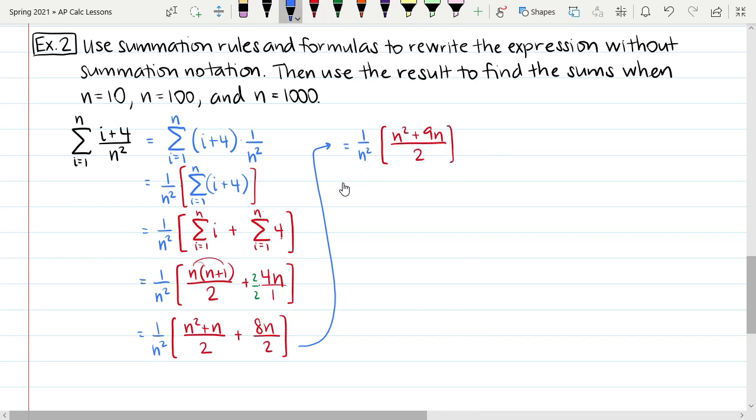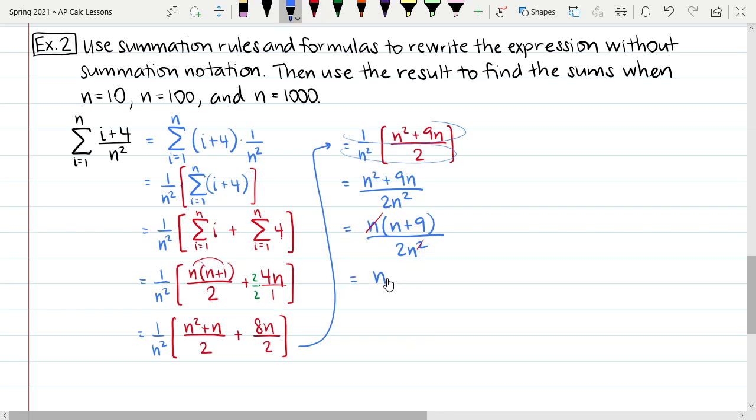So now we can go ahead and multiply top to top, bottom to bottom. So that's going to become n squared plus 9n over 2n squared. Now that's looking pretty simplified, but there is one more thing we can and should do, and that is to factor out an n from the numerator so that we can then simplify that with one of the n's from the denominator.